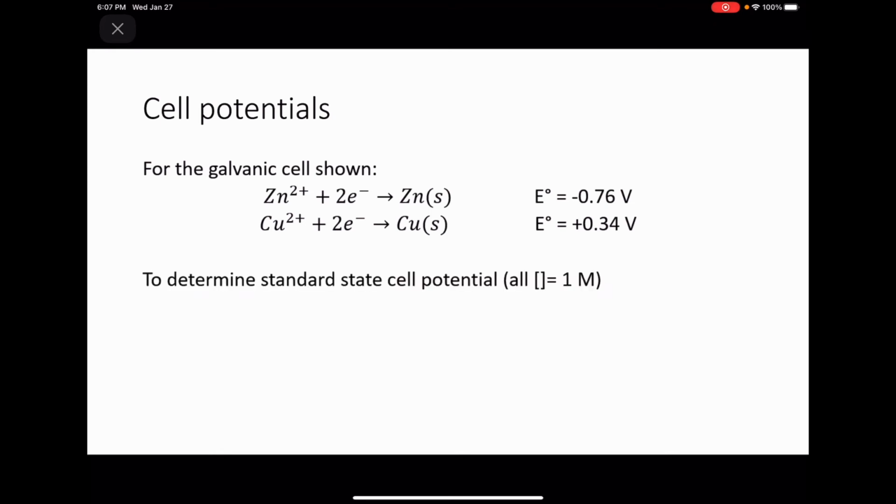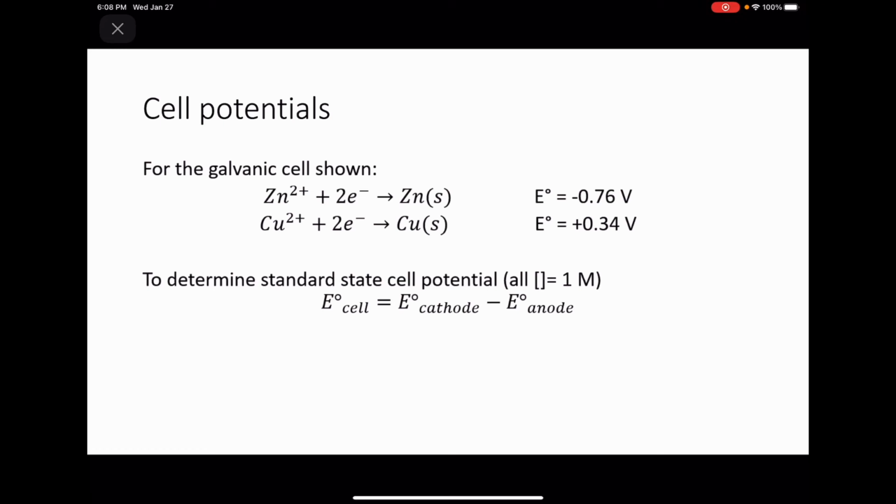What we want to do is determine the standard state cell potential. Okay, so that's for that galvanic cell with zinc and copper that I showed a couple slides ago. And the equation to do that is the cell potential is just the reduction potential at the cathode minus the reduction potential at the anode.